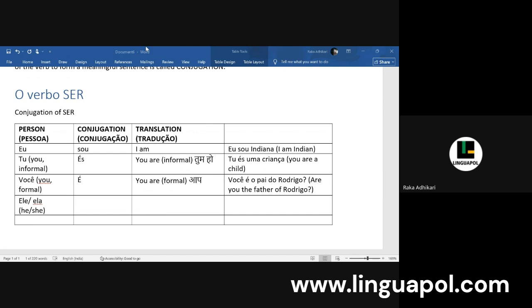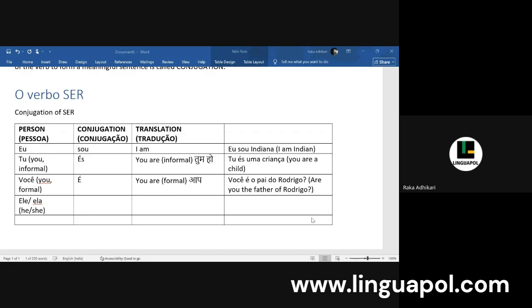Now in Brazilian Portuguese, we have extension at the end of the word, right? So in Brazilian, we'll say ele. But the same word in European, we'll say el. That's it.